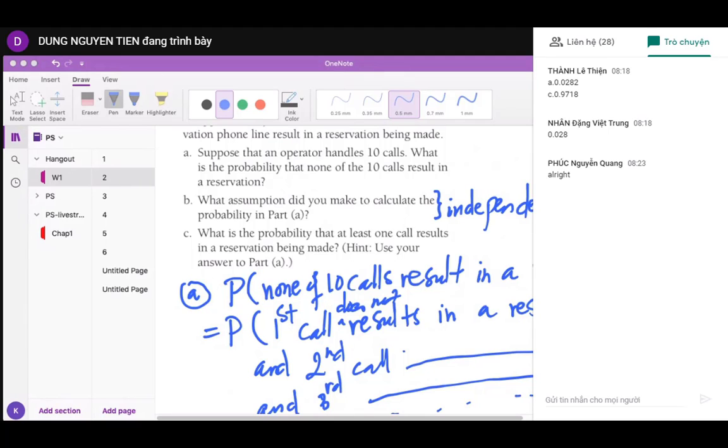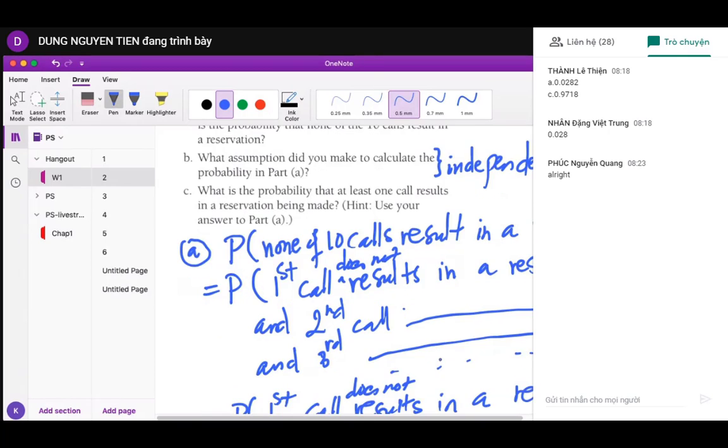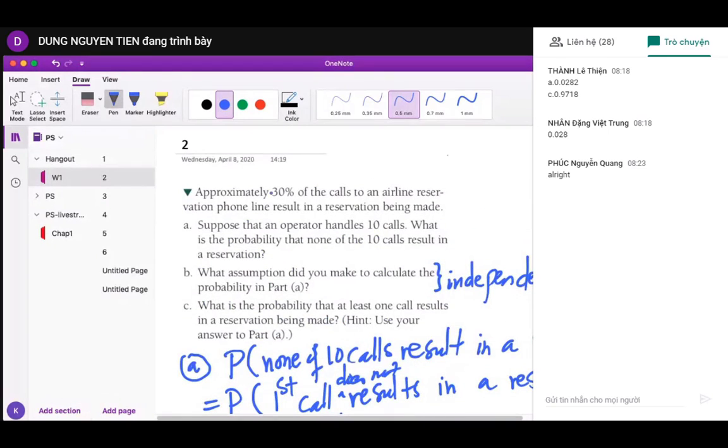Next, what is the probability that at least one call results in a reservation being made? Now, suppose that A is the event that none of the 10 calls results in a reservation, and we denote it by A. And I denote it by B, the event that at least one call results in a reservation being made.